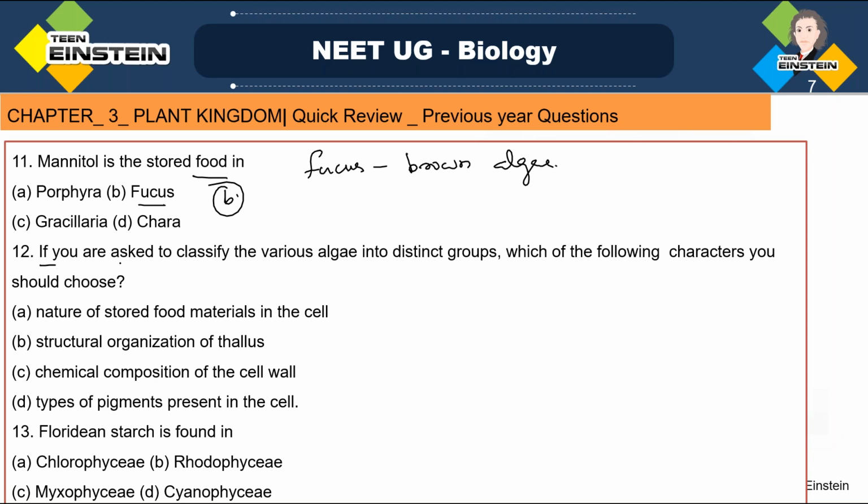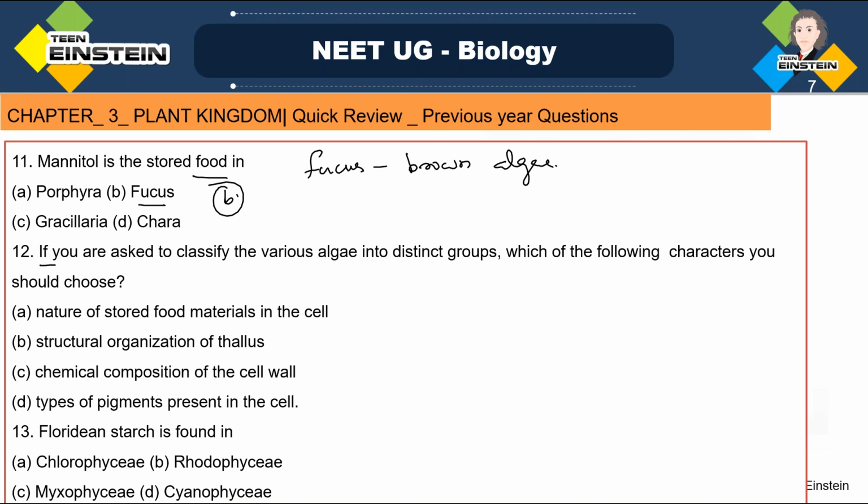Next, question number 12: if you're asked to classify the various algae into distinct groups, which one of the following characters should you select? Option A, nature of stored food material in the cell. Option B, structural organization of thallus. Option C, chemical composition of cell wall. Option D, types of pigments present in a cell.